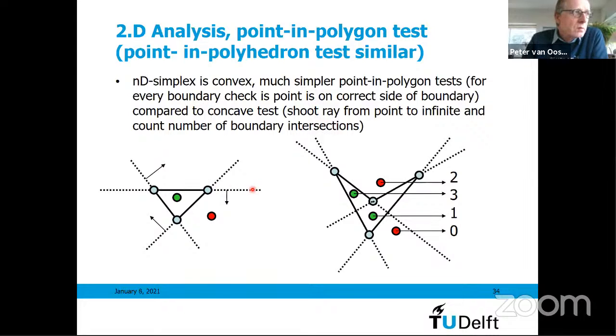So if it's on the right side of all baselines, it is inside. Very simple. And to figure out that, it is just entering the coordinates of this point, the green point, in the line equation of these baselines.